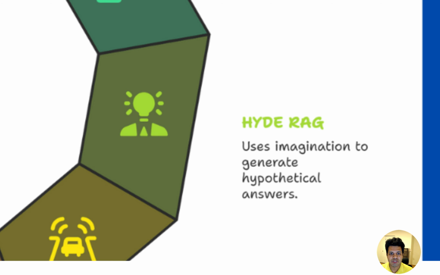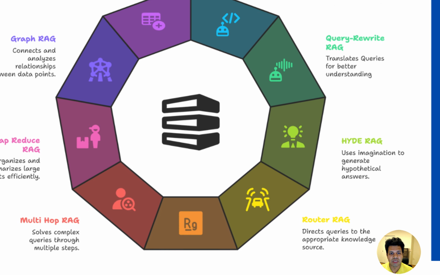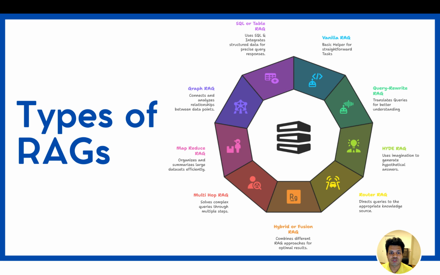The AI first imagines a perfect dessert, maybe mango ice cream, then searches for the recipes that look like that. That's HyDE. It imagines first, then finds similar real answers. These kinds of RAGs are used in creative apps, idea generators, and research helpers.